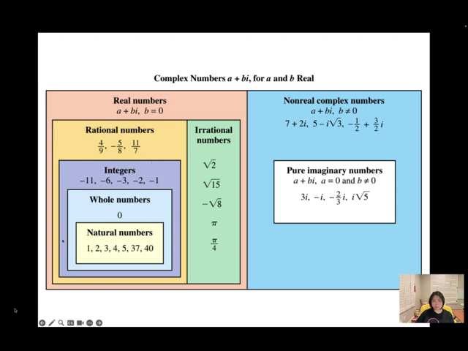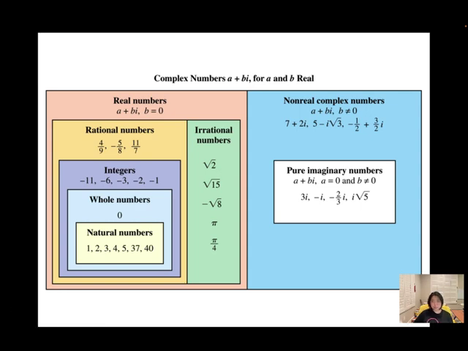Rational numbers are an integer over an integer, or decimals that repeat or have an ending digit, like 0.35, 0.75.